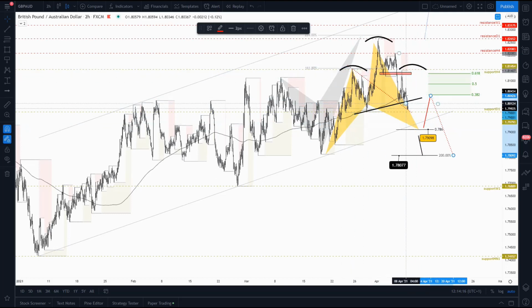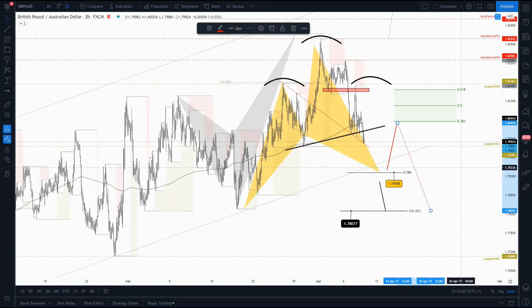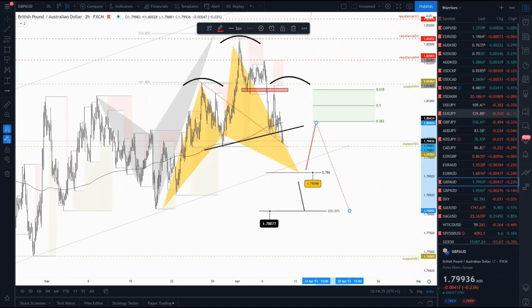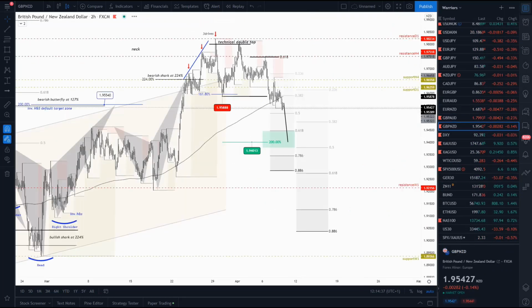In fact, that may act as a retest of the next zone, followed by new lows for the pair. So let's see what will happen. For now, I'm focused on 7909 as the potential bullish cipher pattern completion point.